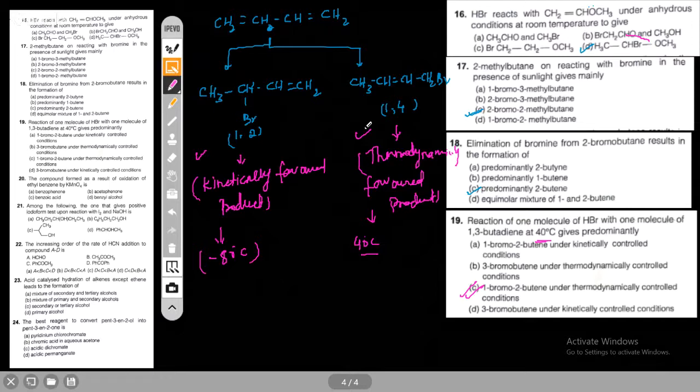This is a very important one. When we have very low temperature, it is kinetically favored; at higher temperature, it is thermodynamically favored. Anyway, when the temperature is high, the rate will be high, so rate will not be the major factor here. Then we have to consider the energy involved in this reaction at higher temperature. That's why the thermodynamically favored product. So option C is correct.